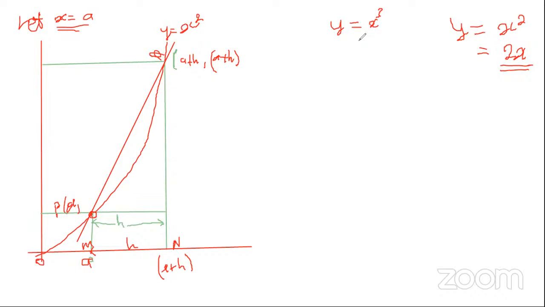It would be a plus h, in brackets, cubed. That would be for Q. Then here it would just be a to the power 3.